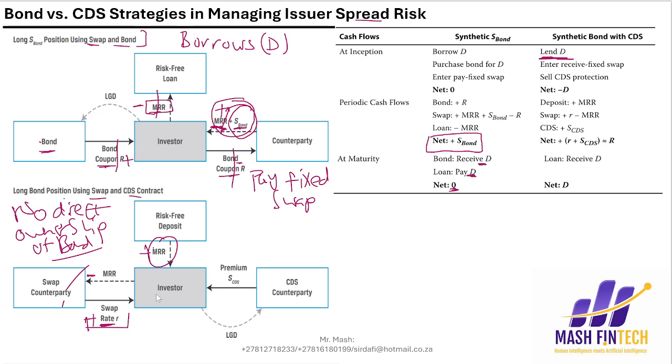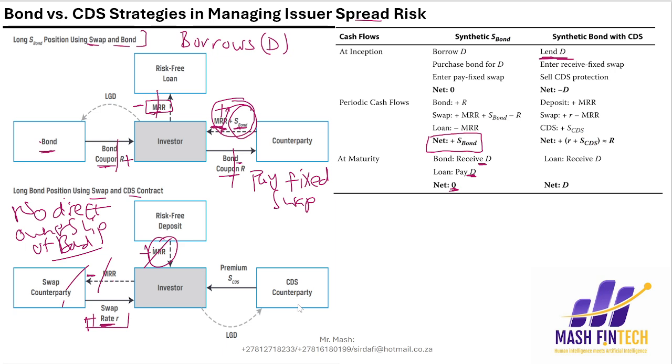And then, in this instance, the investor is going to sell CDS protection. So here, the investor is going to sell CDS protection. And then by selling CDS protection, the investor is going to be receiving this premium.